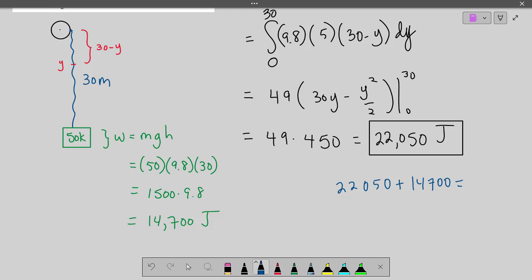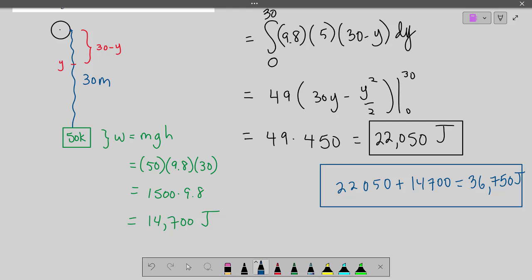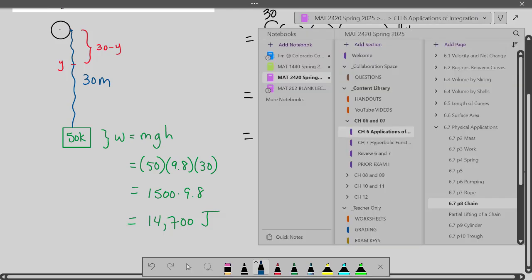So it looks like about 36,750. So that would be part B. Again, no pi in this one. Our cross section doesn't have a circle in it, so there's no pi.